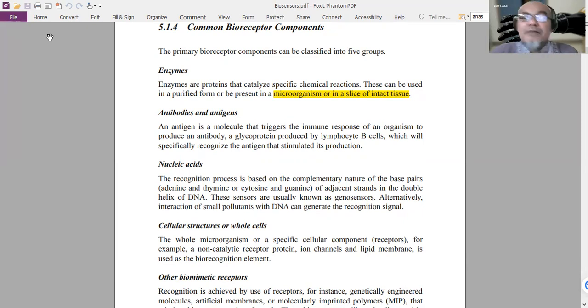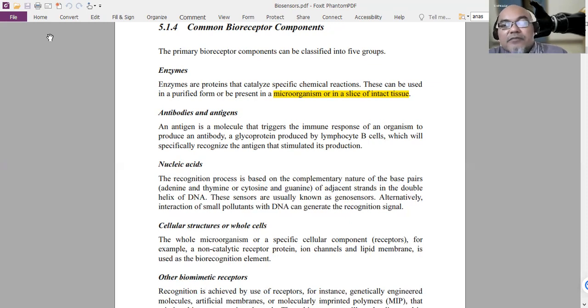In our case, for example, in a developing country, it is still difficult for us to purchase pure enzyme. Even only common enzymes that can be purchased at relatively low cost, like glucose oxidase, lactate oxidase. But very specific enzymes usually are still expensive.